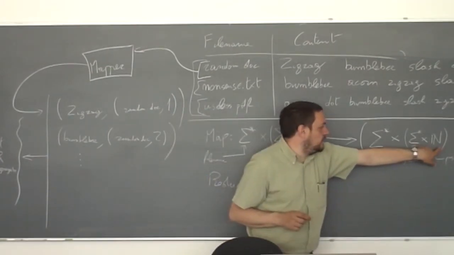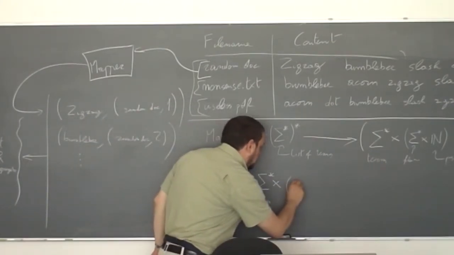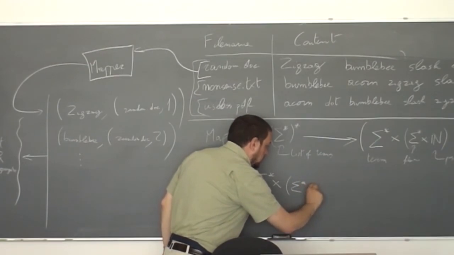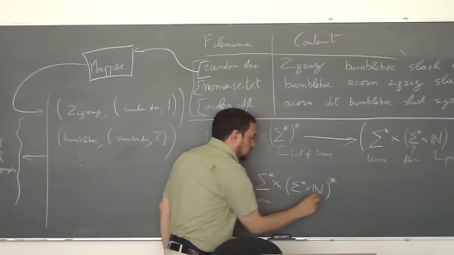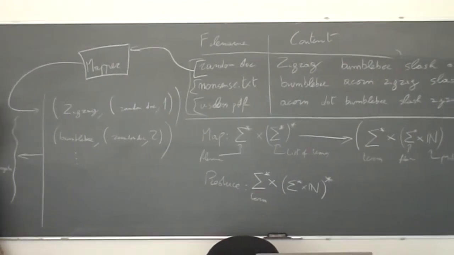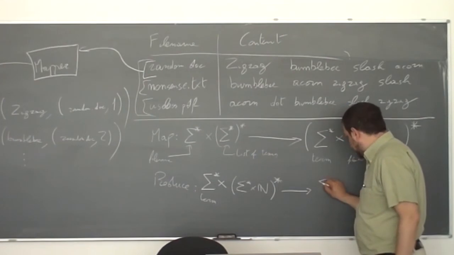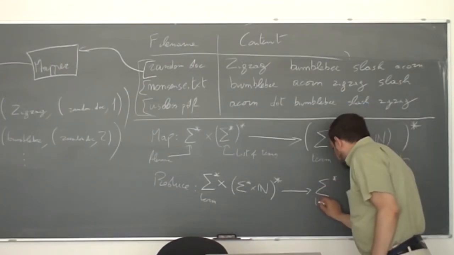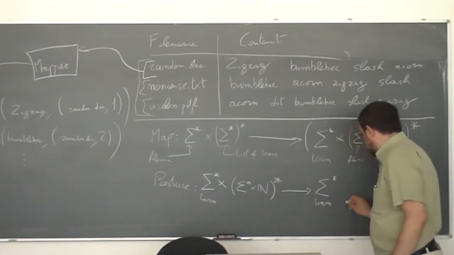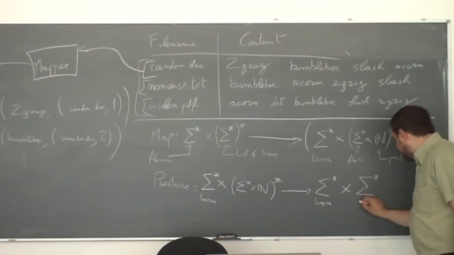So a list of values as they were output by the mapper. And the final output of the reducer is the same term associated to a file name.